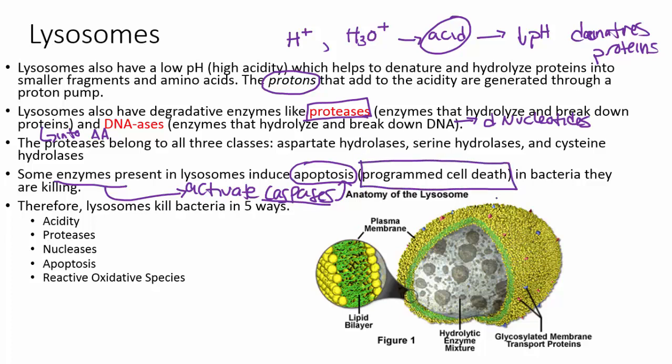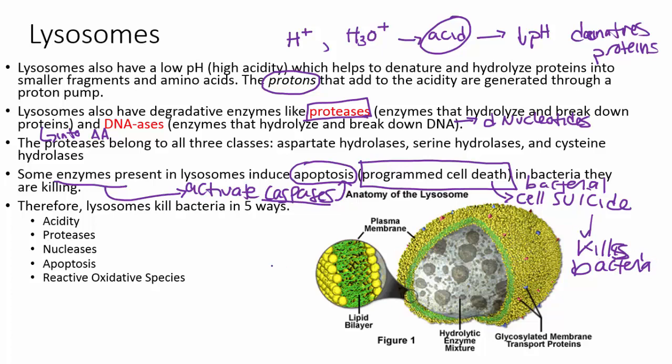Another way of saying this is it's cell suicide, specifically bacterial cell suicide. So literally what the lysosomes do is release enzymes that activate caspases, which activate bacterial cell suicide, and that kills the bacteria. So the bacteria dies.